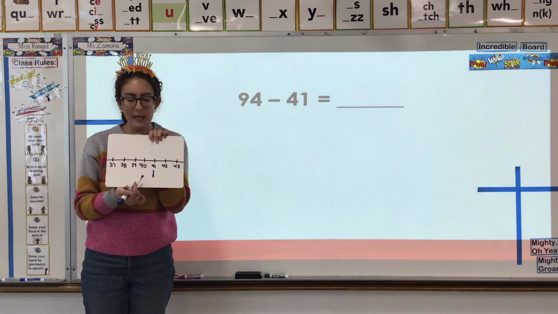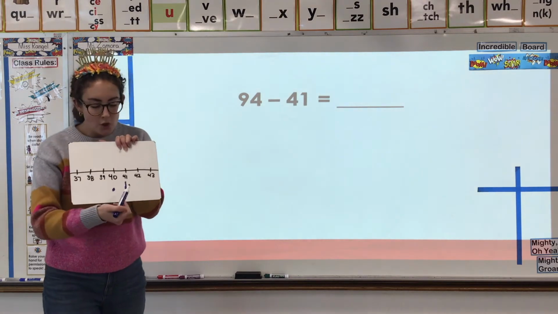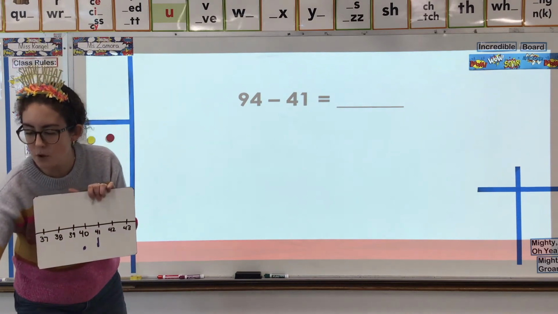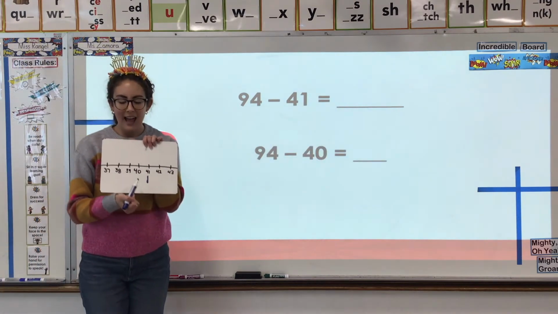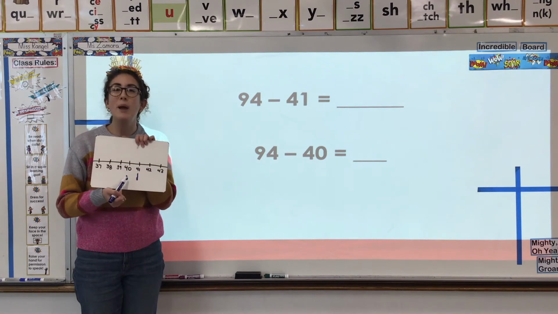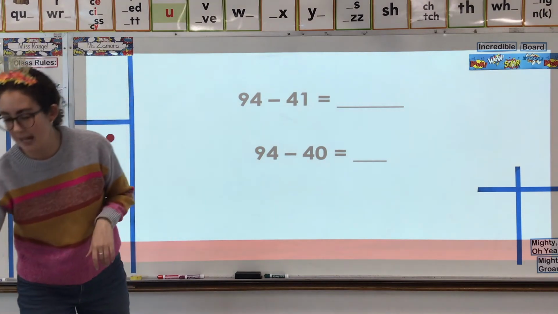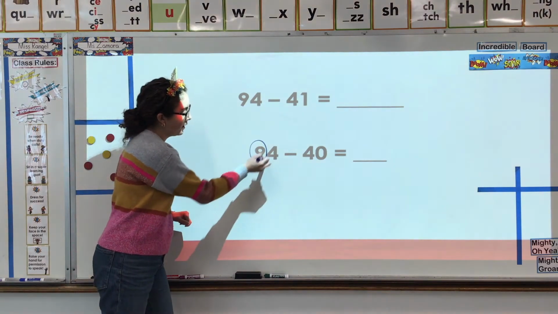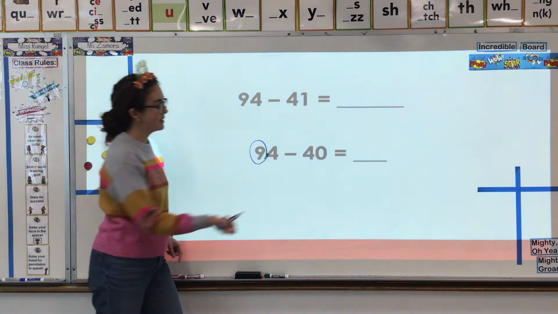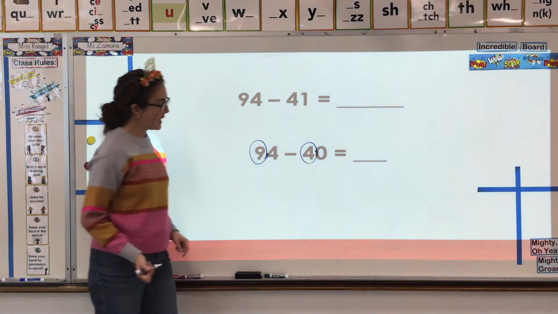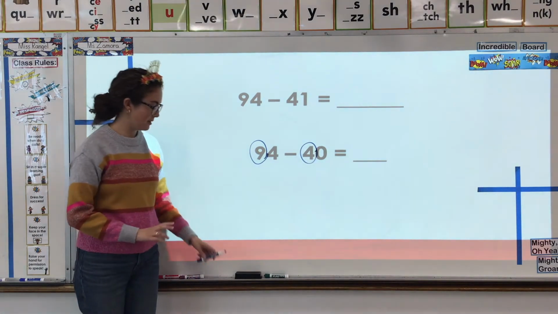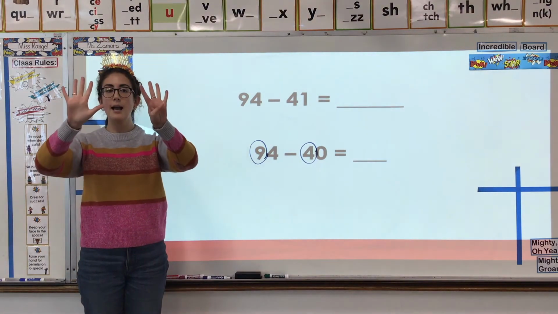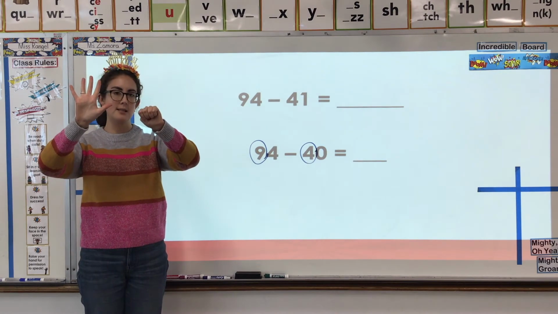40 is way up closer, and we can quickly just subtract 4 tens. That's something we can do in our heads. So we want to start by just subtracting 40. The simpler equation. We can just take away 4 tens. So what would that be? 94 with 9 tens, take away 40 with 4 tens. 9 tens take away 4 tens.